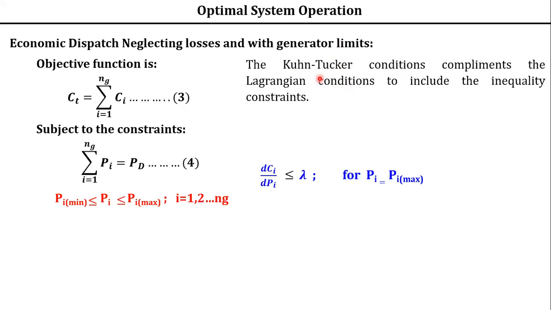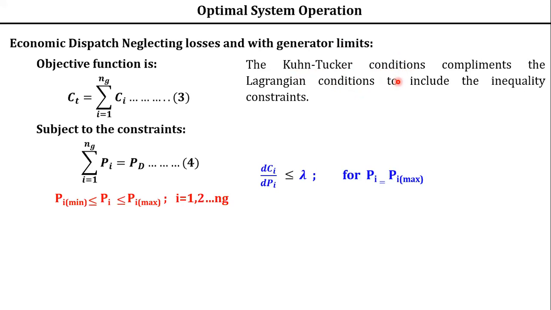So what are these Kuhn-Tucker conditions? All these Lagrangian and Kuhn-Tucker conditions come in optimization methods. Earlier, people had a subject called operation research. Now it is not there, I think, even in electives. Earlier electrical students used to study operation research or optimization techniques.